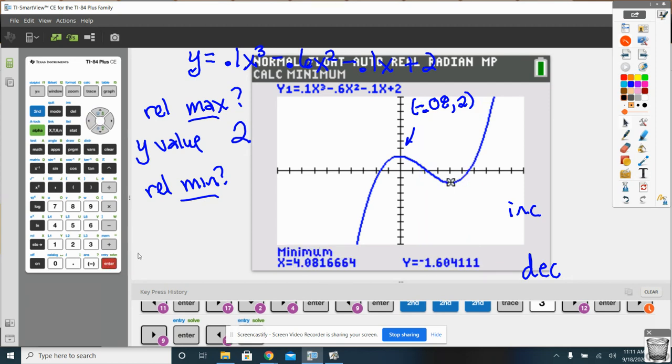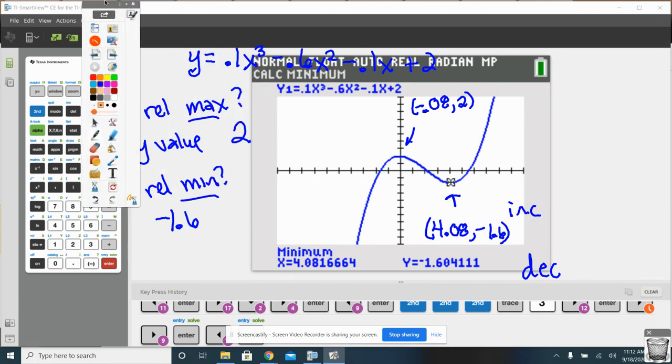You hit enter, and there is my minimum value. Again, they want the y value for minimum. It looks like negative 1.6. And that's what they're looking for. But this point is about 4.08, negative 1.6.